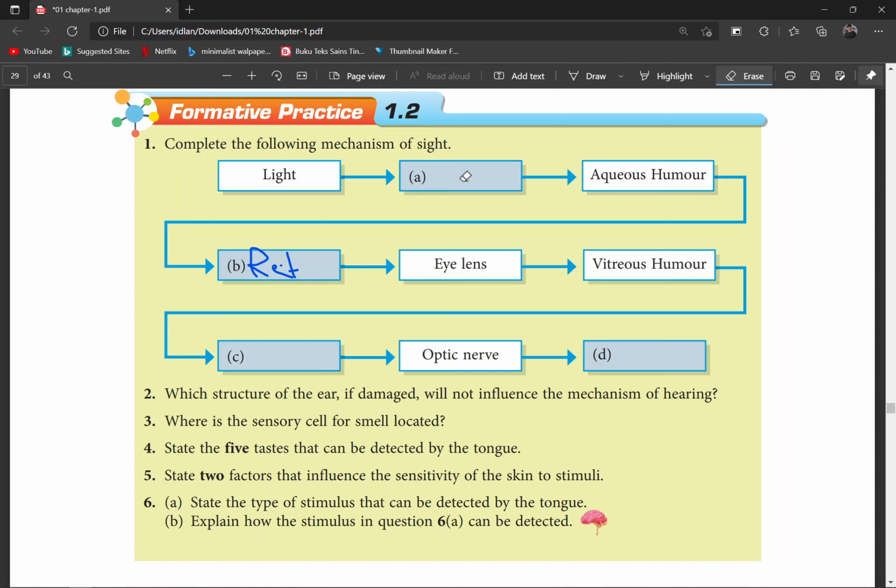Okay, first it goes to cornea. Okay, just like what I said, it goes to cornea.